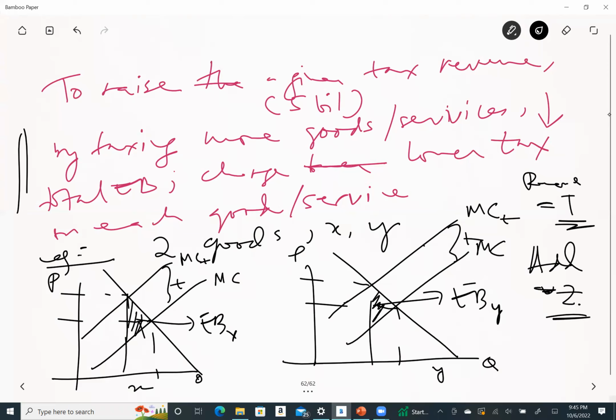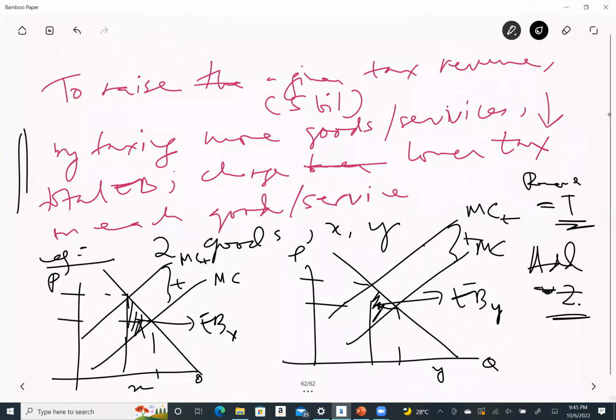You want to show the excess burden. Now you have X, Y, Z. You make the tax smaller: tax on X smaller, tax on Y smaller, and you also introduce good Z with a smaller tax.